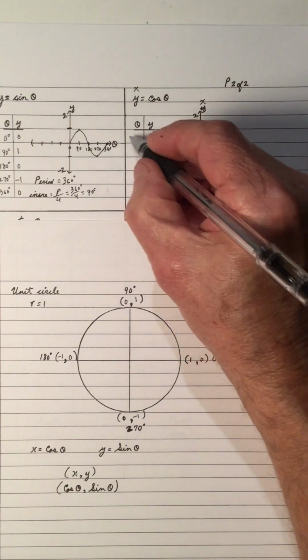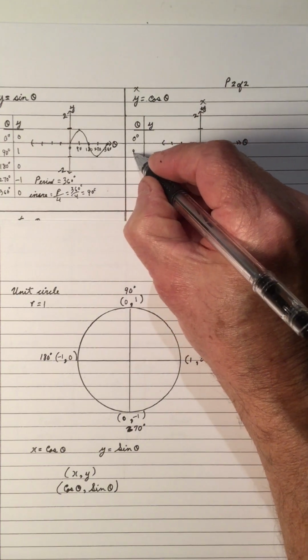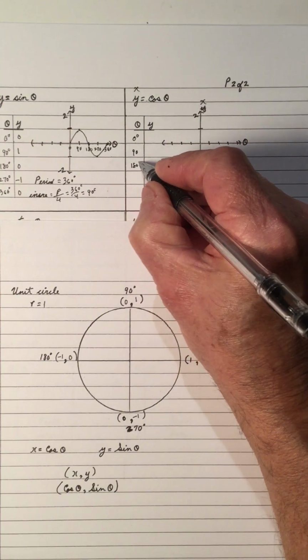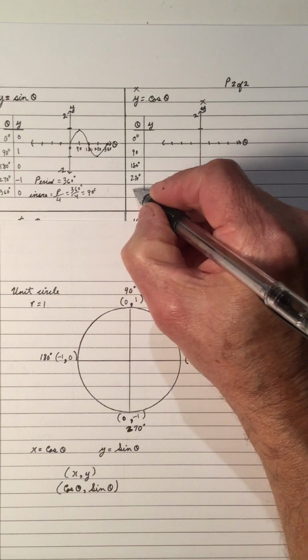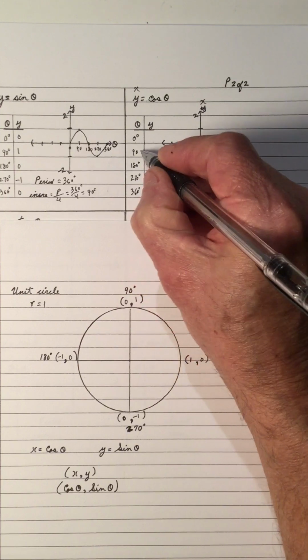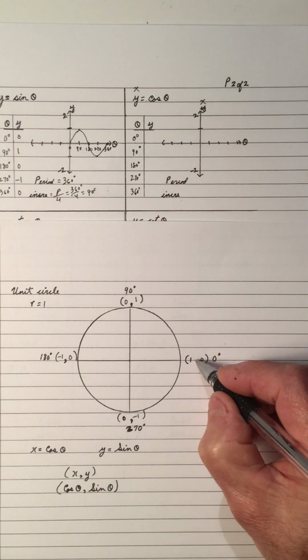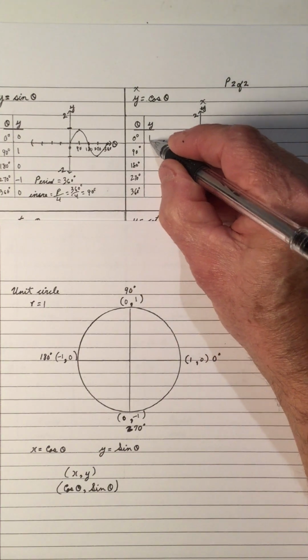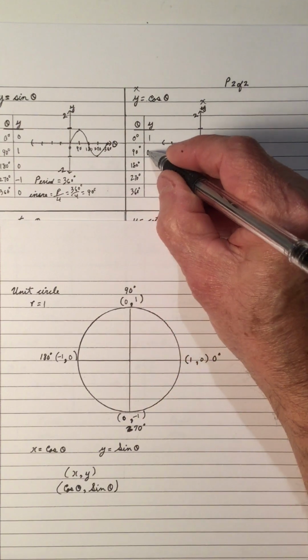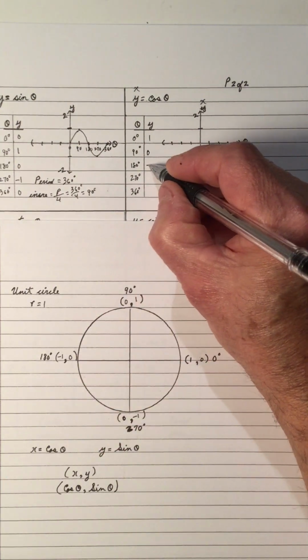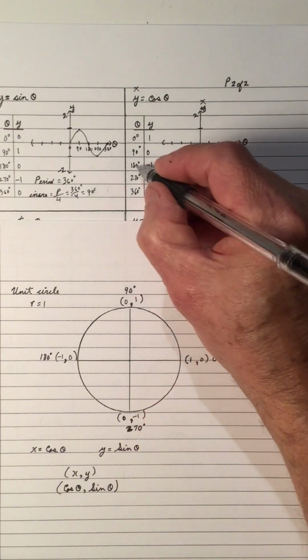And again, we'll go 0 degrees, 90, 180, 270, 360 degrees. And cos is the x, so at 0 we have a 1. We have a 0 at 90. We have a negative 1 at 180. We have a 0 at 270.